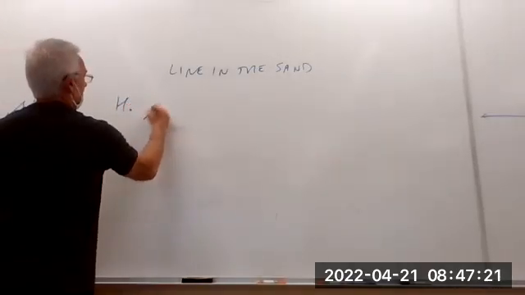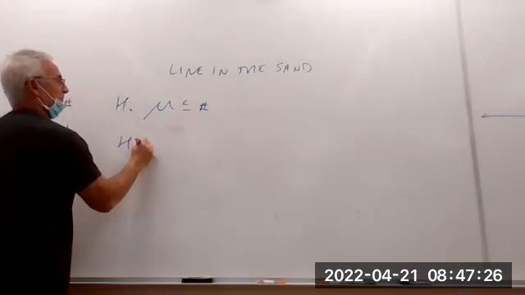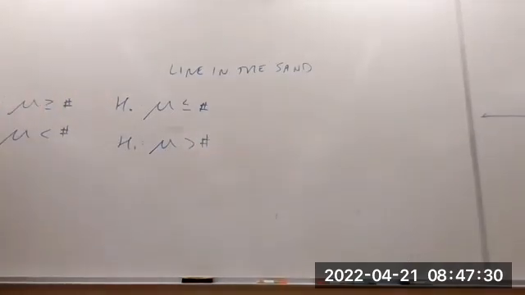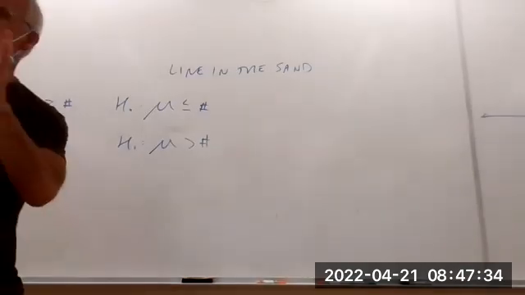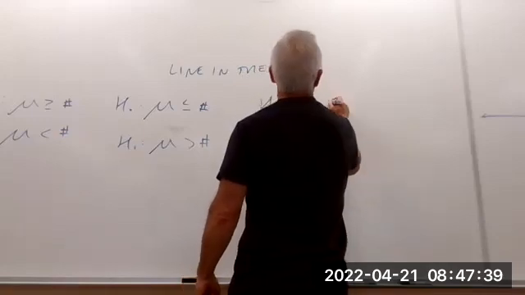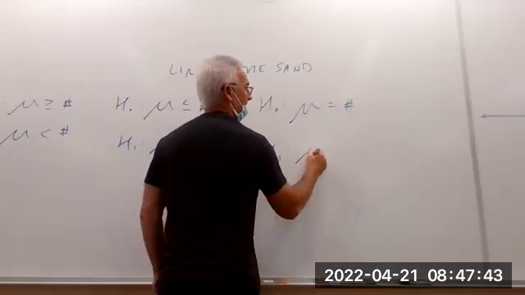Second one is that mu is less than or equal to some number, and so then my alternative would be what? It's greater than said number, because that's covering all bases. And the third case, which would be extremely rare for a mean, but this was Robert's weight situation: mu is exactly equal to a number, and the alternative would be what?